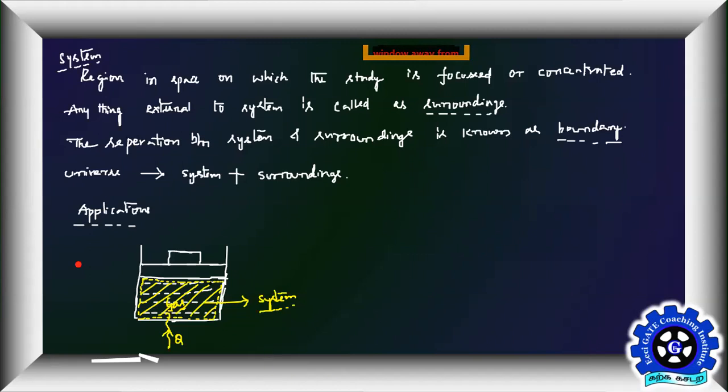If the question says consider a focus completely on your piston and gas, what is your system? A total cylinder, sir, including piston and gas. Correct. In that kind of problem, you should consider the system as piston plus gas.